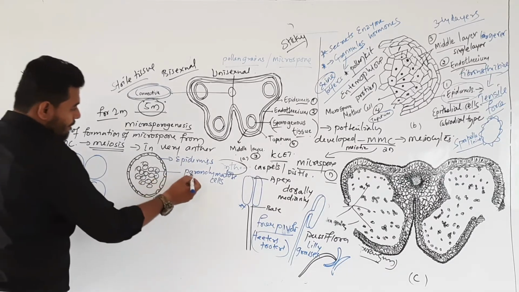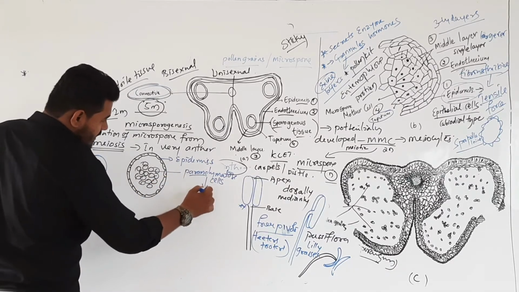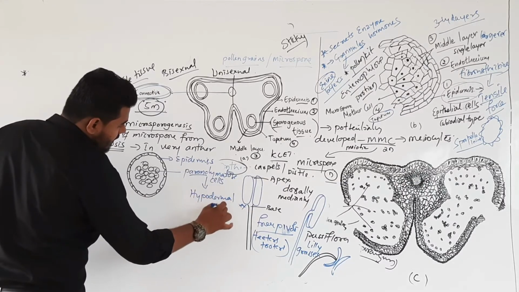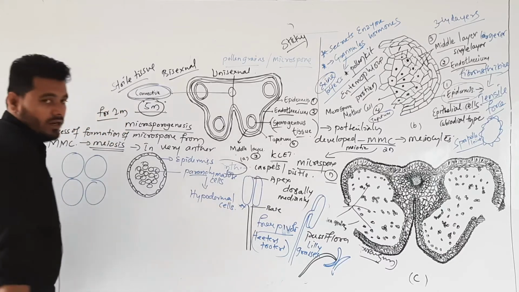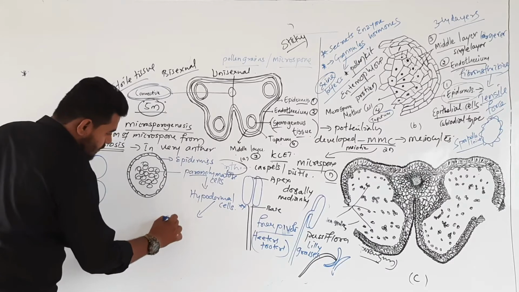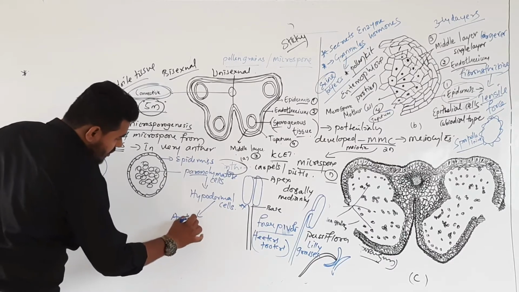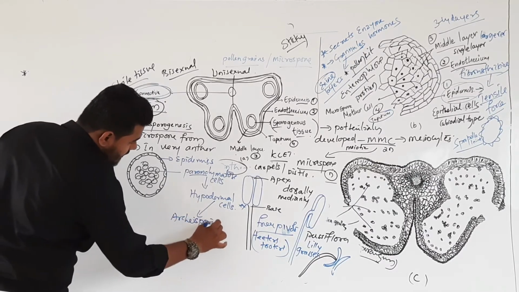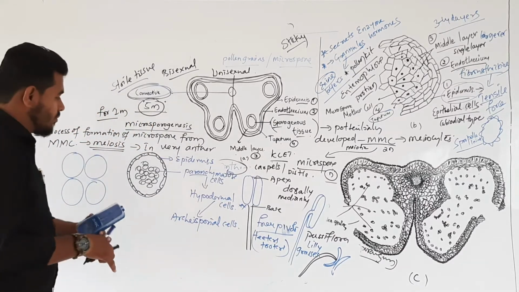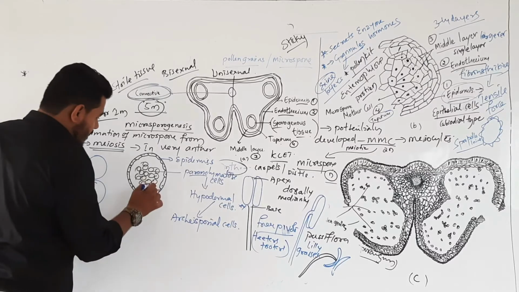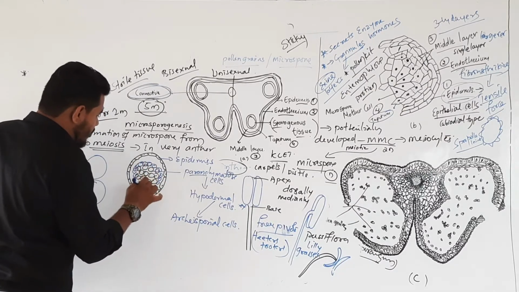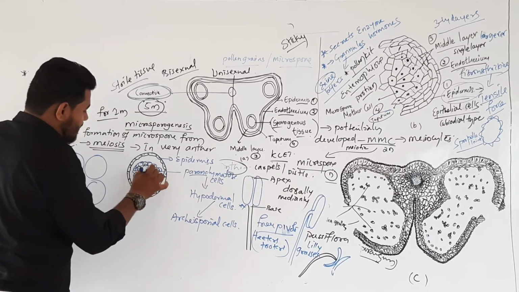In that parenchymatous tissue, some of the hypodermal cells differentiate into archesporial cells.